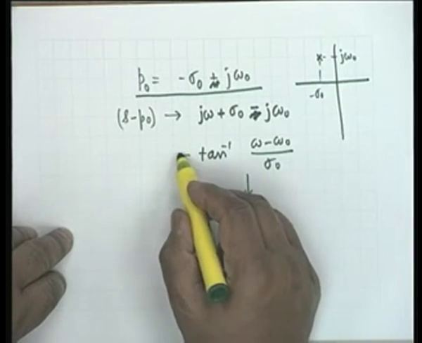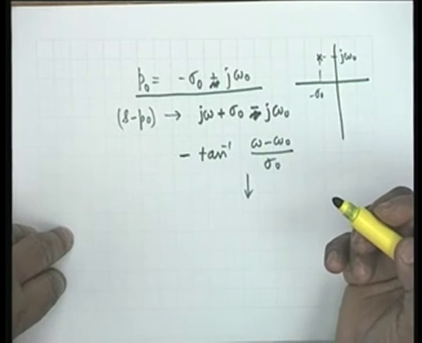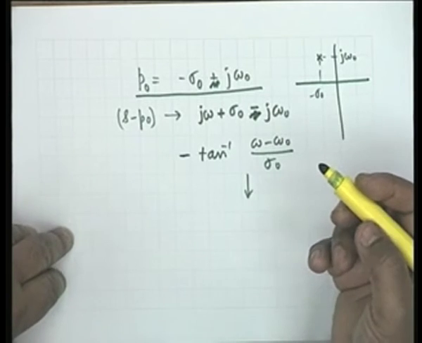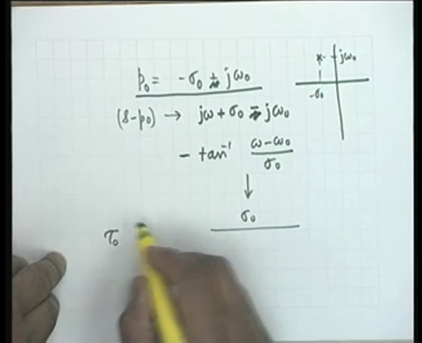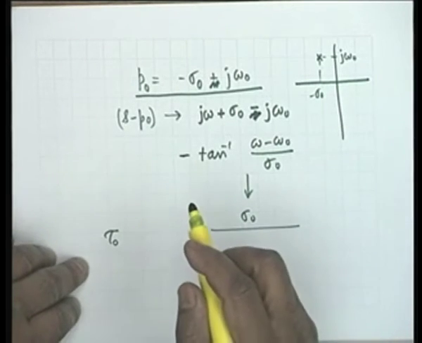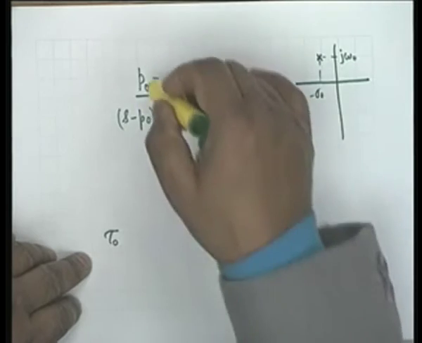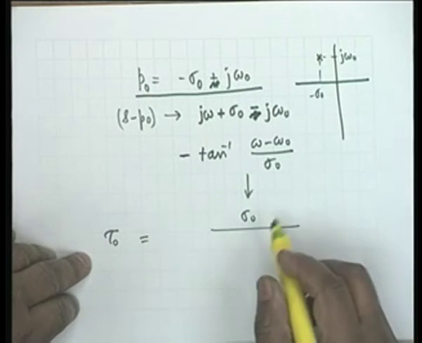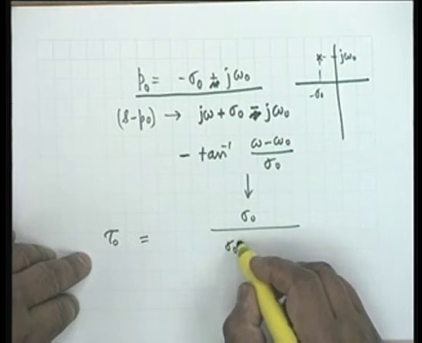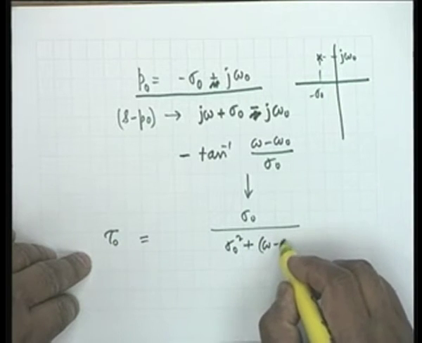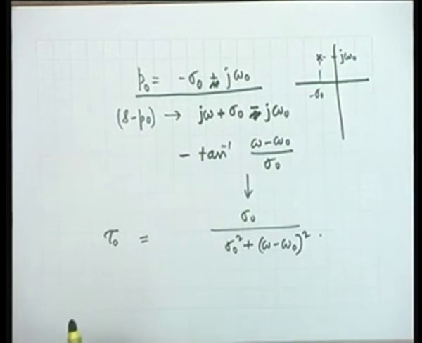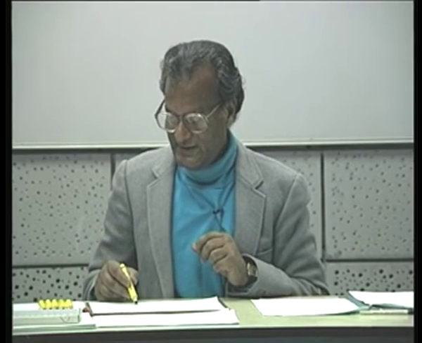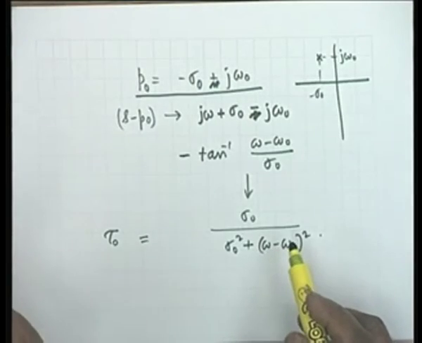The angle contributed by this pole would be this, and if I take minus d phi d omega, the expression for the delay, the contribution to delay by the pole P0, let us call it tau_0. Tau_0 would be sigma_0 divided by (sigma_0 squared plus (omega minus omega_0) whole square). This is the contribution to the delay by a single complex pole. Its conjugate naturally shall contribute with omega plus omega_0. Agree?